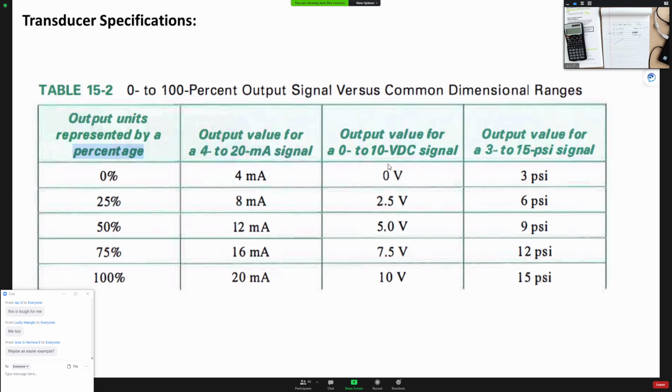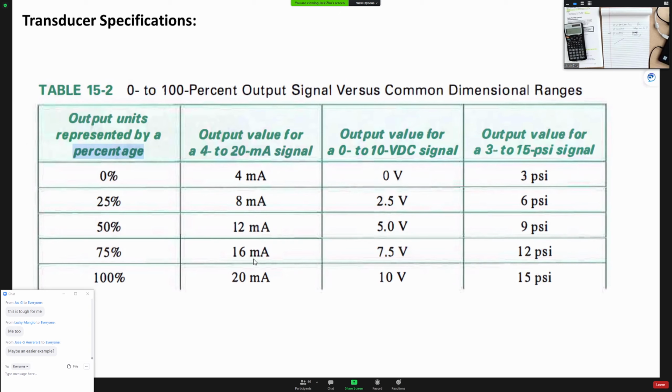Does this table make sense? At 0, let's say they use 4 to 20 milliamp, or 0 to 10 volts, or 3 to 15 psi. Makes sense.